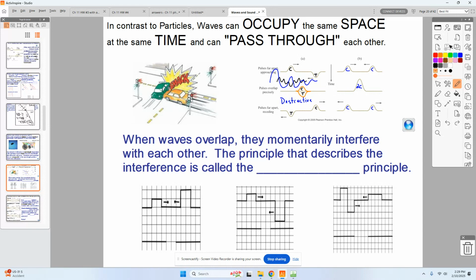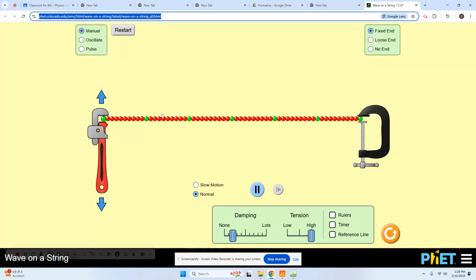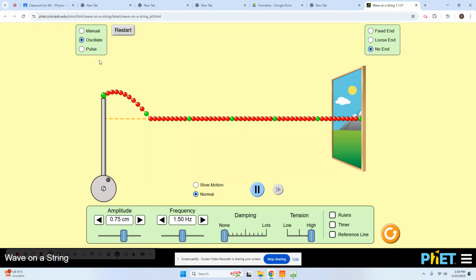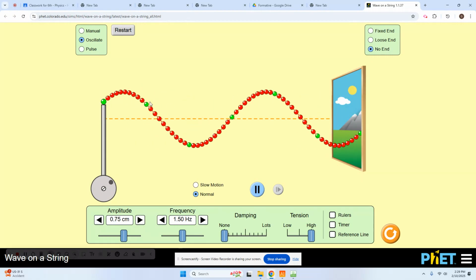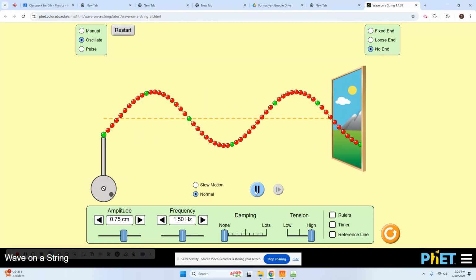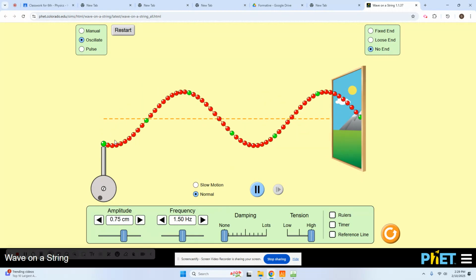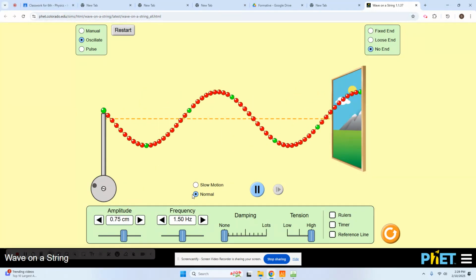Now, what I'd like to do is just show you this really quick with this simulation. So the PhET simulator, I think I've showed this to you guys before. No end, no damping, get this thing to oscillate, and you can see how that wave is traveling along that medium. If I lower the tension, what will happen to the speed? I'm going to put it in slow motion.